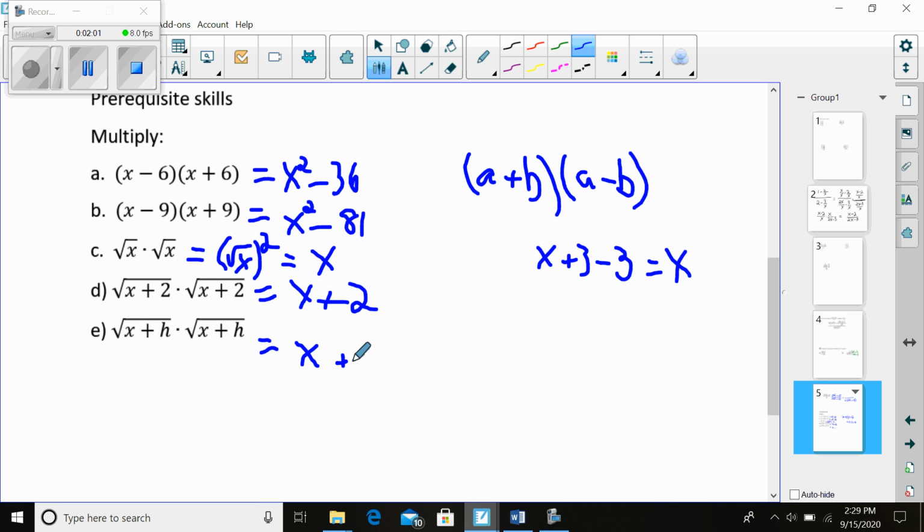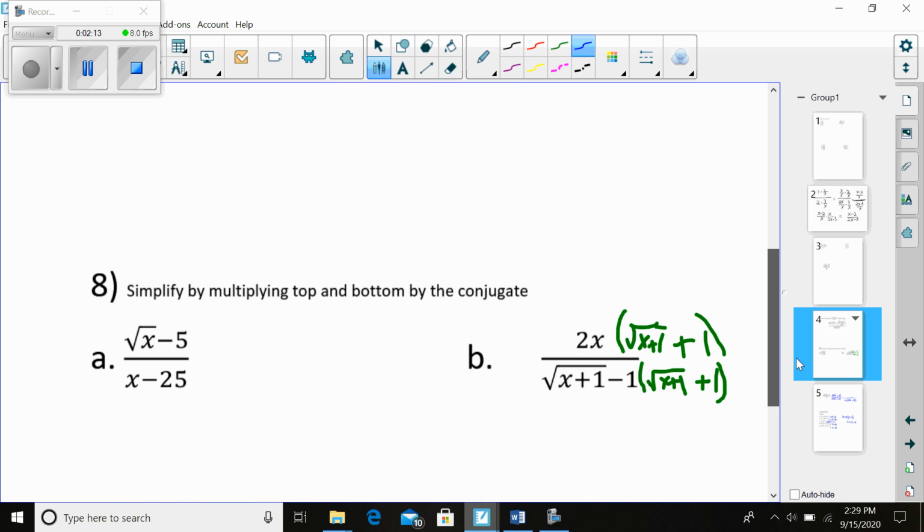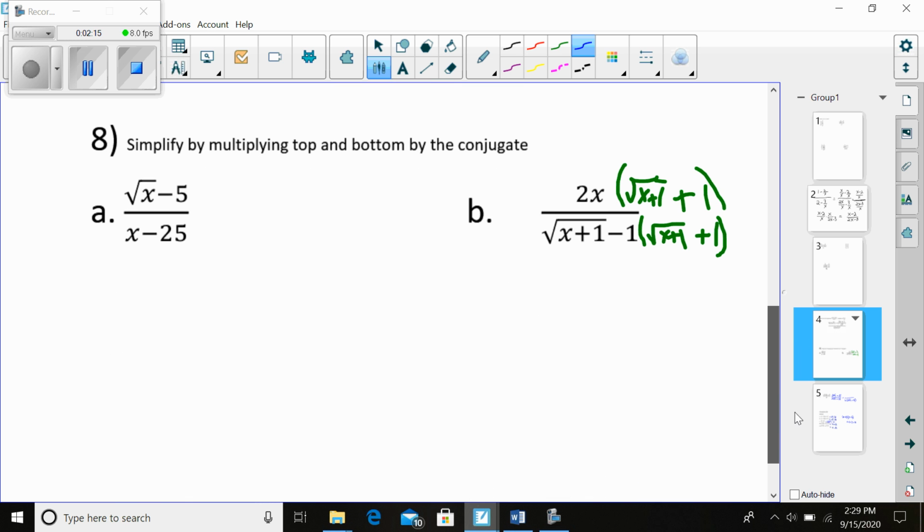So again, hold that thought, because if you can understand this, then you're going to do pretty well with the exercises in this section. This is something that will happen in a section in Calc 1 where you've probably learned in high school how to rationalize the denominator.